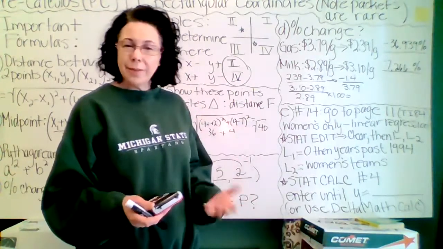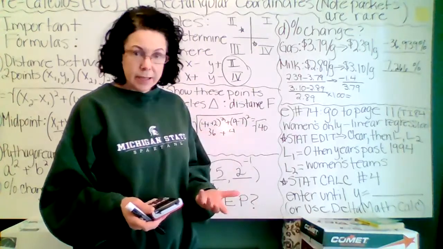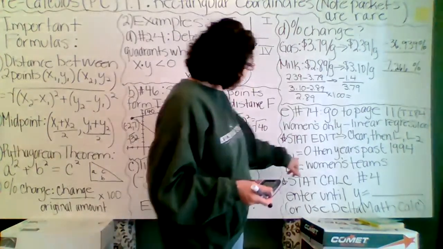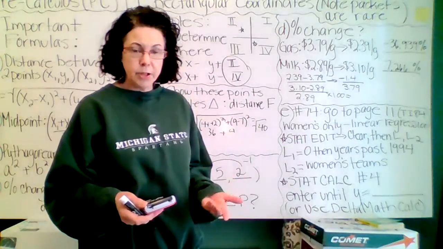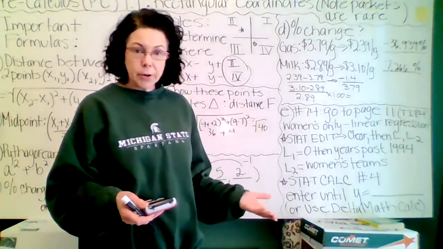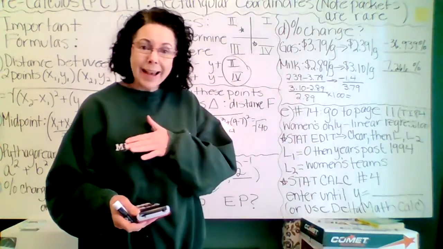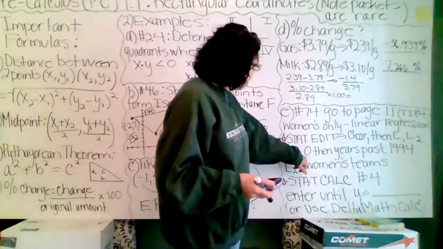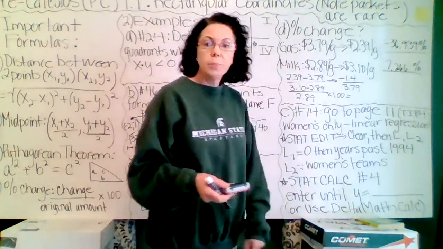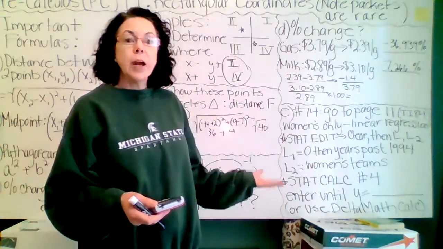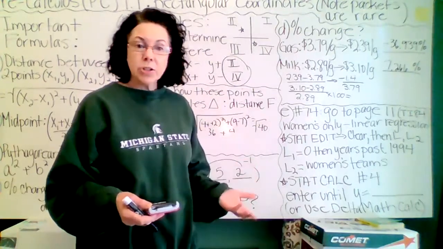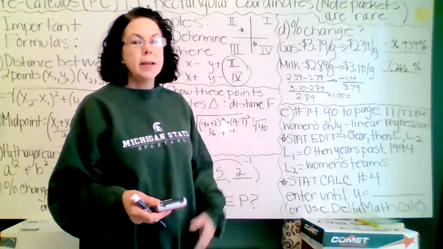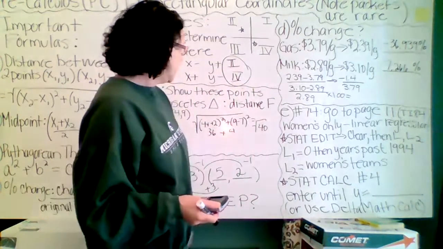So when you have years, what we tend to do is input a 0 for the earliest time offered to you, and then a number for the number of years past that. So in L1 for 1994, we're going to put a 0, and then for every year past that, we're going to add 1. This makes much nicer equations instead of using years that are in the thousands.